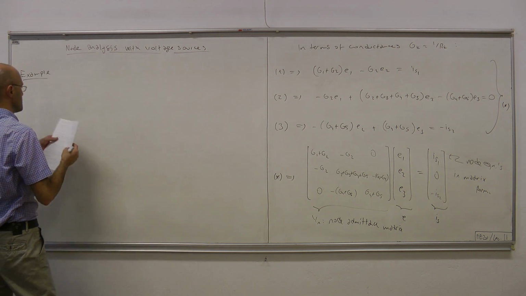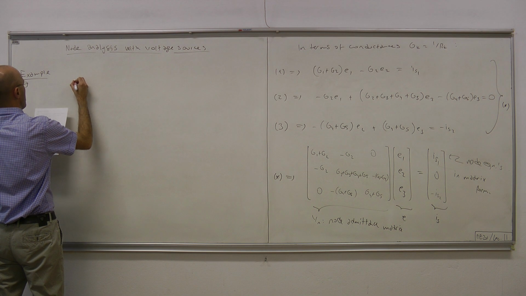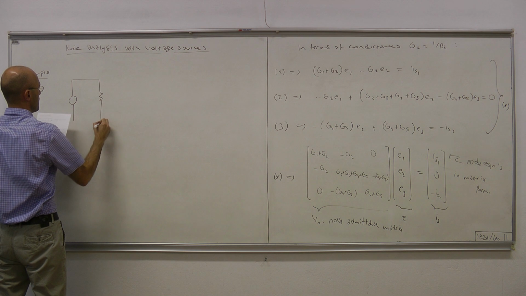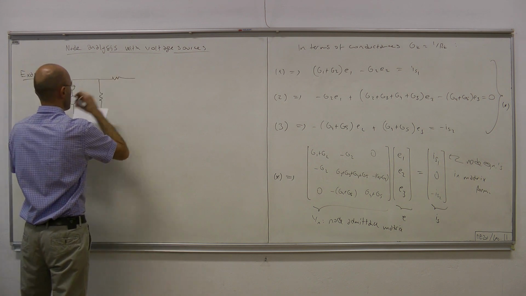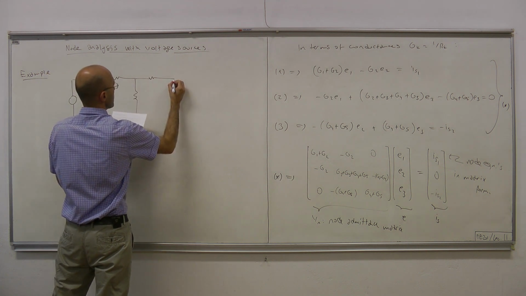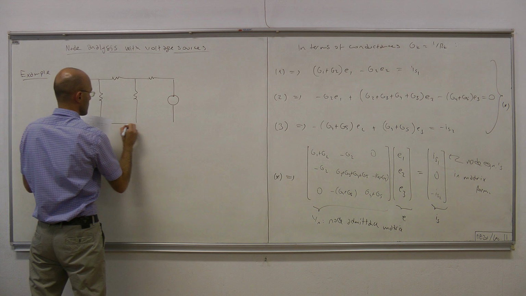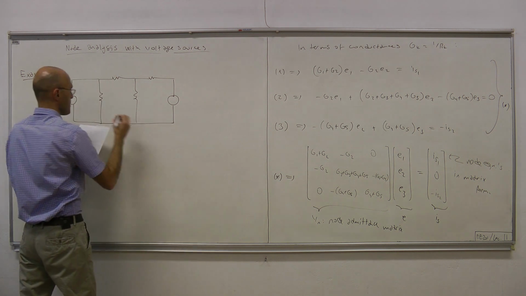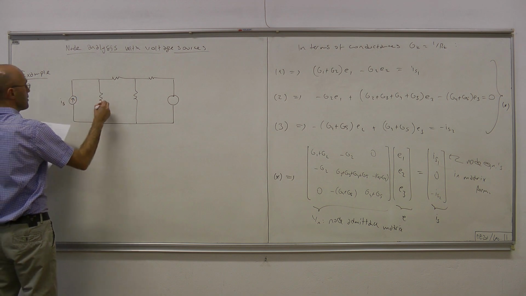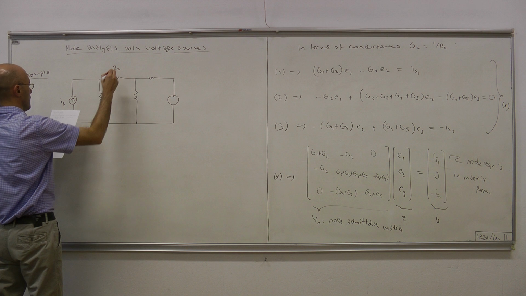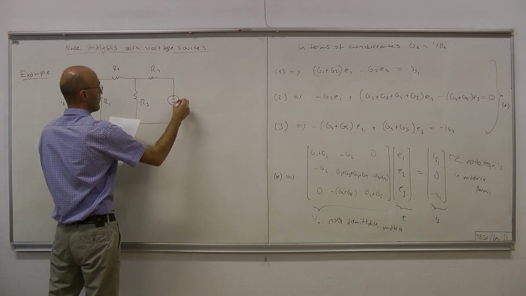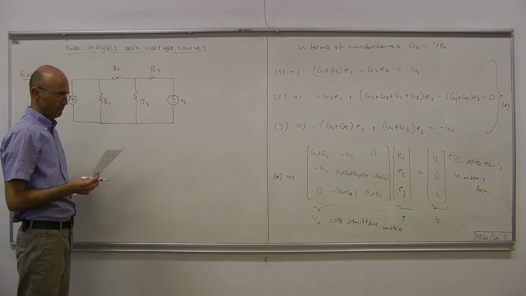Okay, we'll see why. IS, R1, R2, R3, R4, and here we have a voltage source, VS.